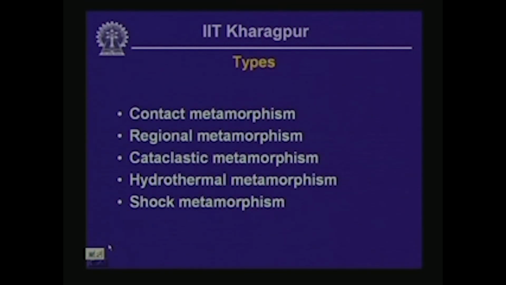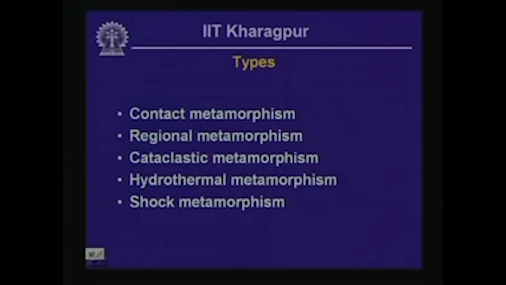All right. Now, there are different types of metamorphic rocks or metamorphism. Depending on what factor triggers the process, there are several different types of metamorphism, and those are listed here. The first one is called contact metamorphism.